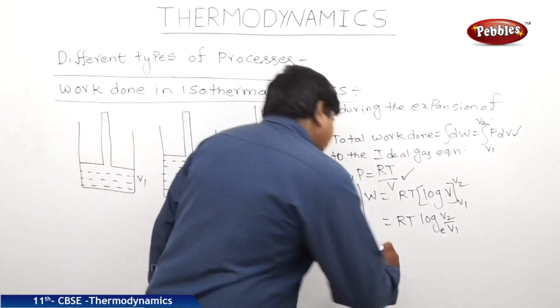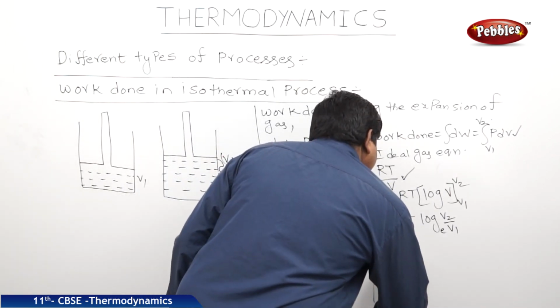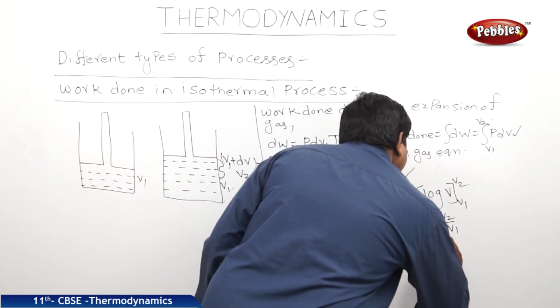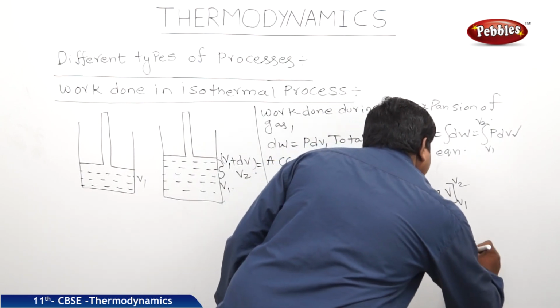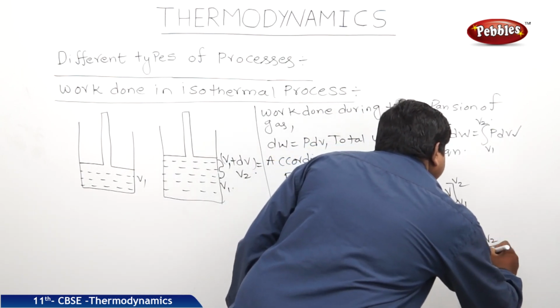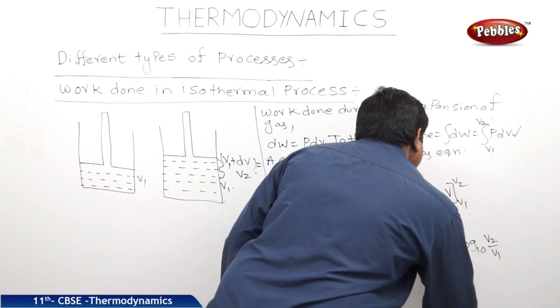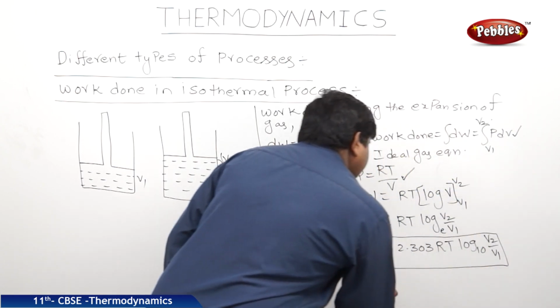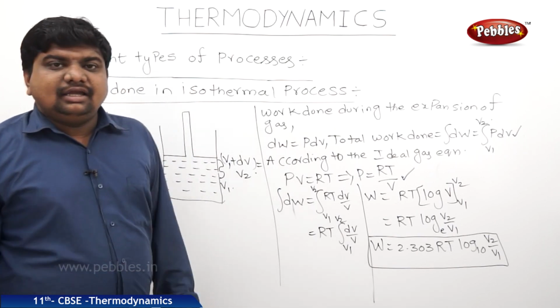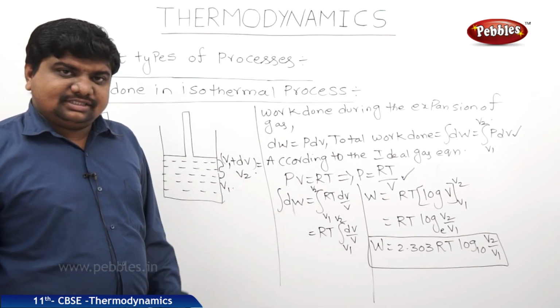If we convert this value, this W will become 2.303 into RT into log 10 based V2 by V1. This is the work done in isothermal expansion or isothermal process.